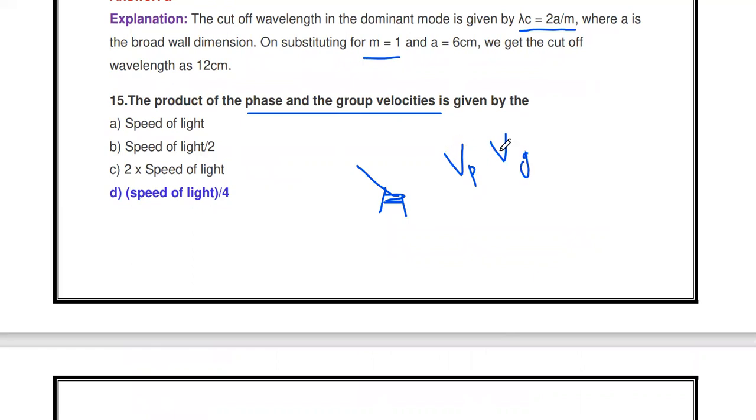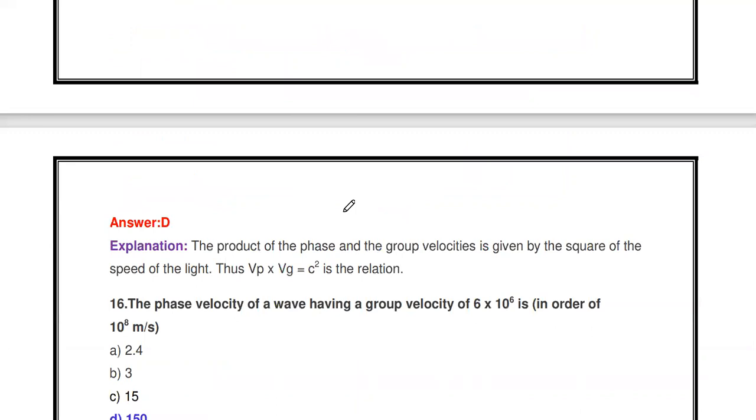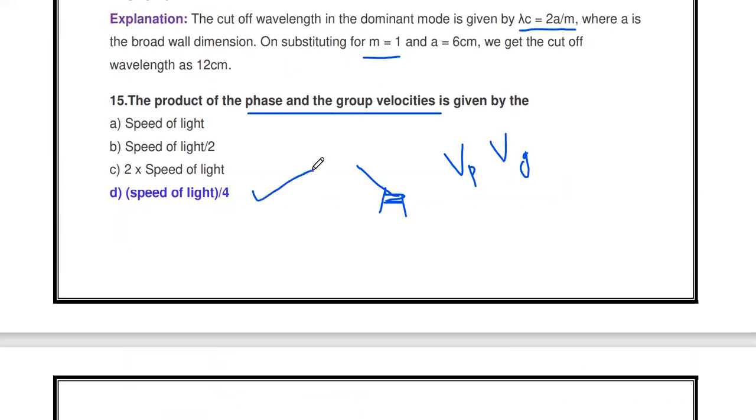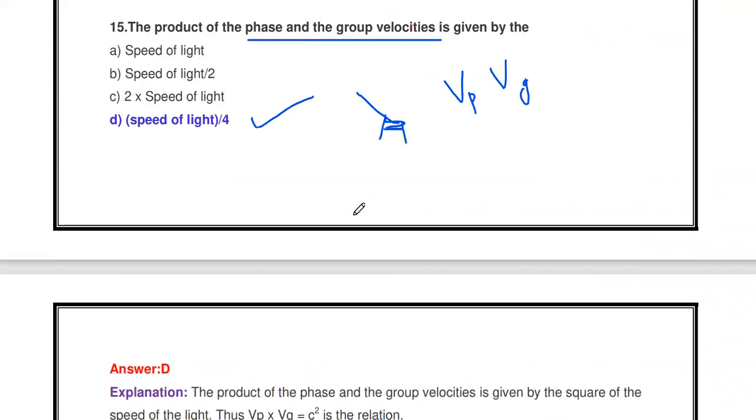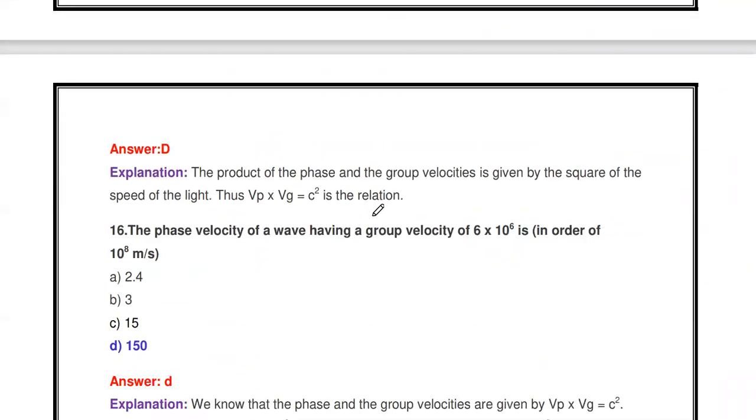The product of Vp into Vg is equal to the speed of light, speed of light divided by 2, 2 into speed of light, or speed of light divided by 4. So you see Vp into Vg, the product of these two, is the square of the speed of light. Okay, so Vp into Vg is equal to the square of the speed of light. Okay, so this is the relation.